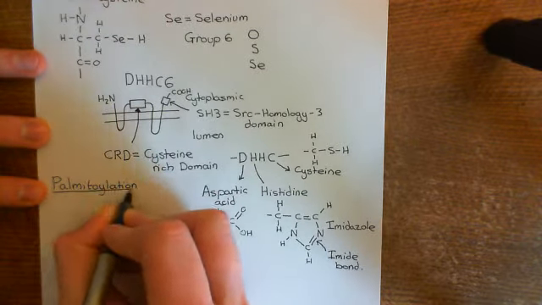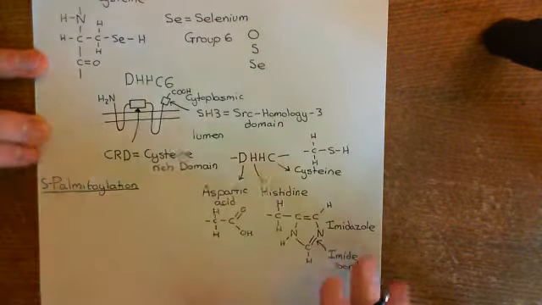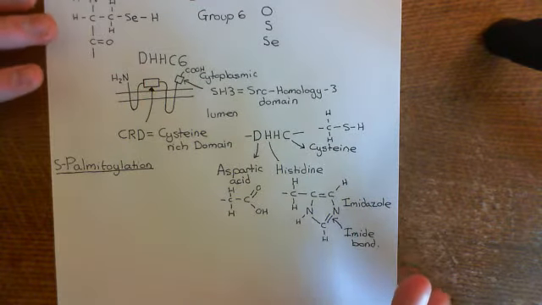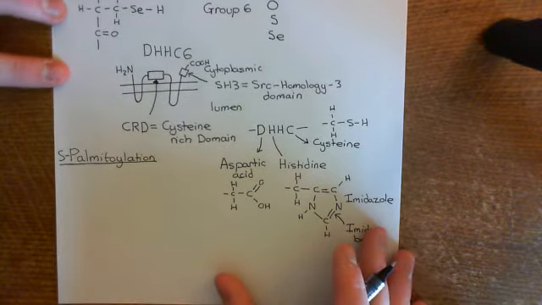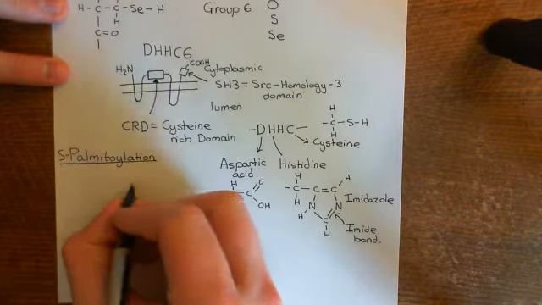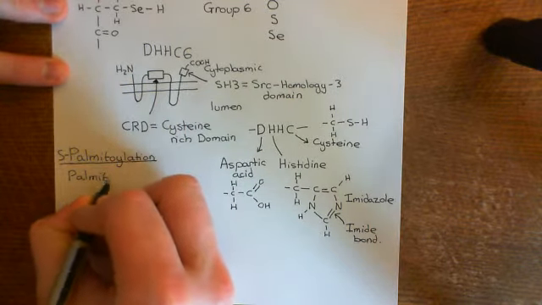Okay, so palmitoylation, specifically we're going to look at S-palmitoylation of proteins. So there is also a form of palmitoylation called N-palmitoylation, which is much, much rarer than S-palmitoylation. Okay, right, so let's start off with the structure of a palmitic acid molecule, because this is the star of palmitoylation.